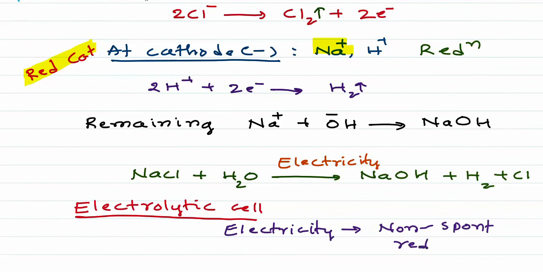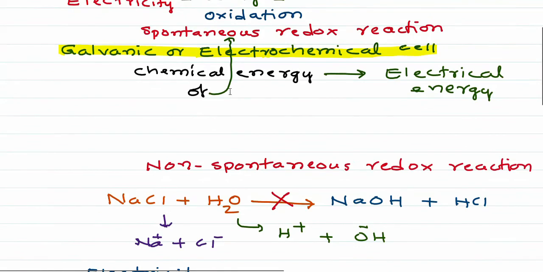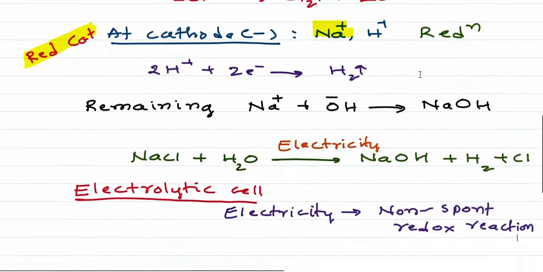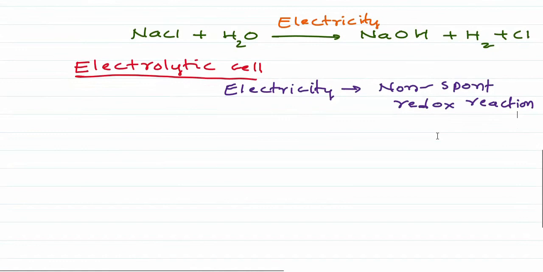We came across two types of devices. One is the galvanic cell, which converts chemical energy of a spontaneous redox reaction to electrical energy, and the electrolytic cell, in which electricity is used to bring about a non-spontaneous redox reaction.